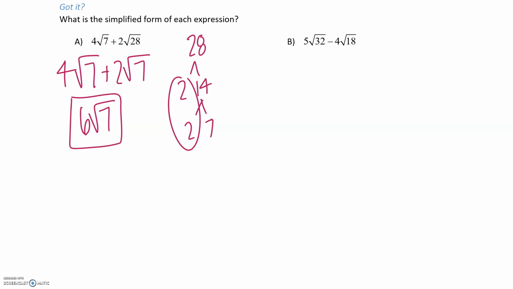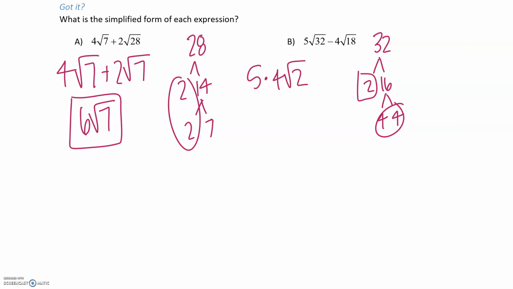Okay, and over here, both of these need to be simplified. So we've got 32 gives us 2 and 16 and 4 and 4. So we're going to have 5 times 4 square roots of 2. And we've got 18, so that gives us 2 and 9 and 3 and 3.